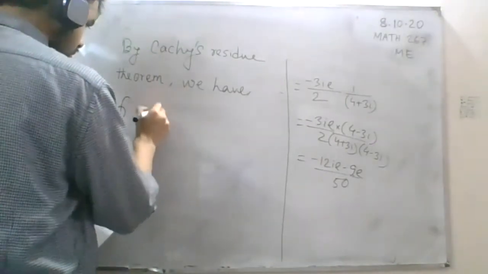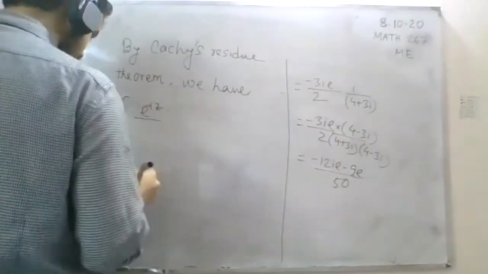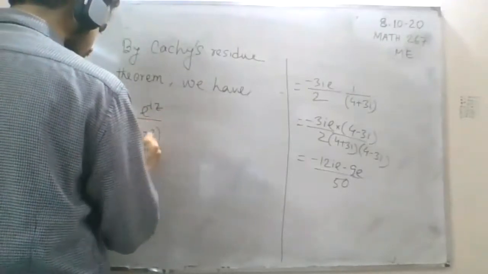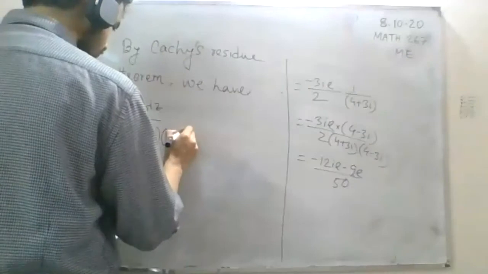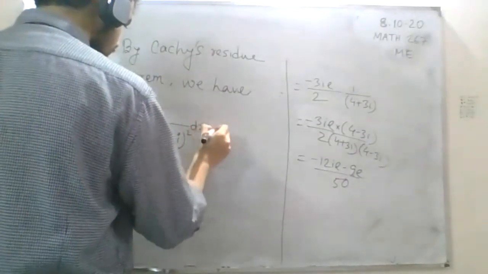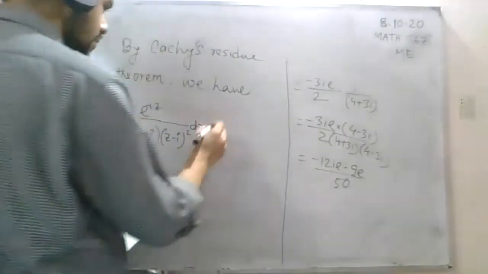Given equation is integration of this, (z plus 3) over (z minus i) dz equals what?